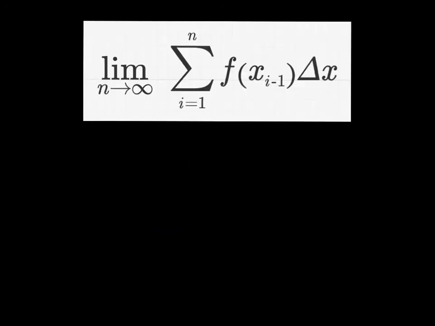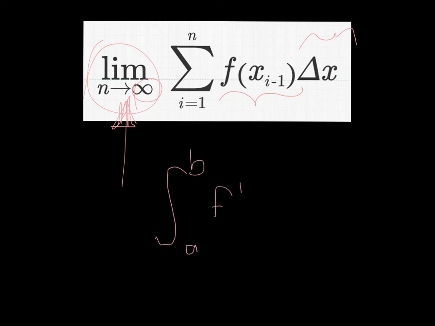And finally, what he did is that he added this symbol that you must remember, which is the limit as n approaches infinity. Using this, he is expressing that when we add an infinite number of rectangles, as n approaches infinity, if we take the height of each rectangle times the base of each rectangle, we will obtain the area under the curve, which is exactly the same as the definite integral from a to b of the function times dx.